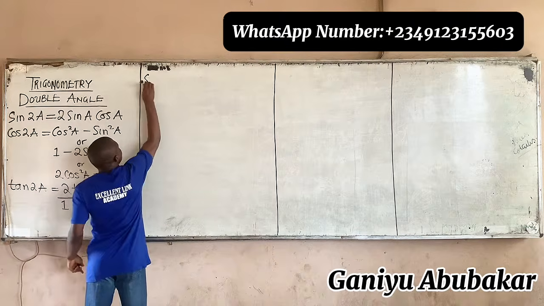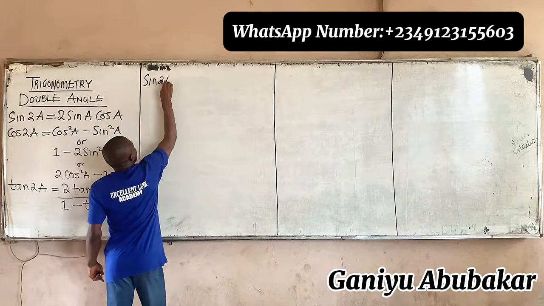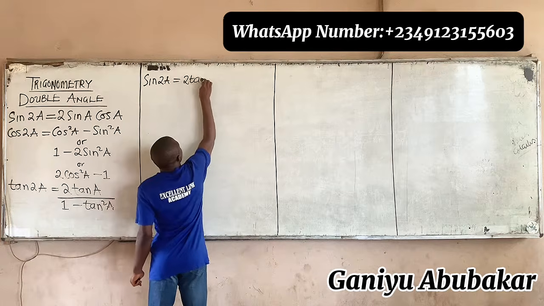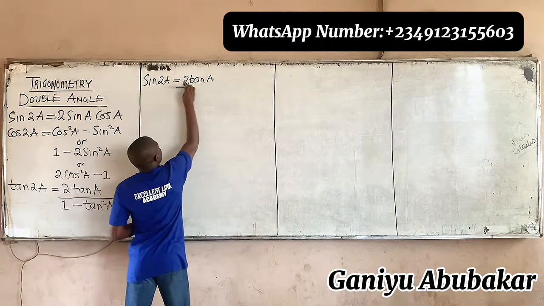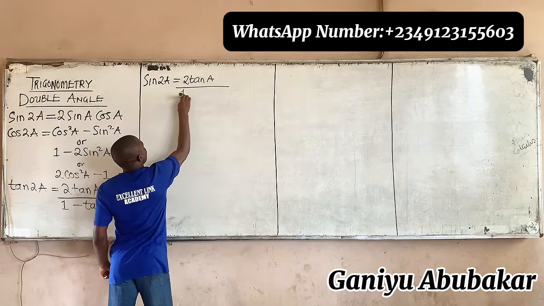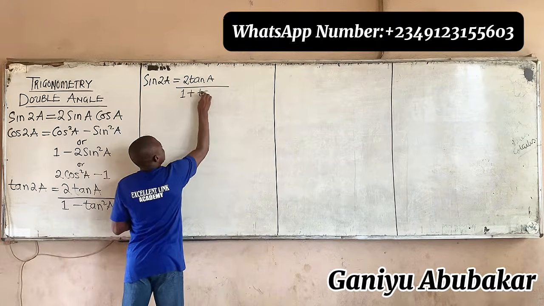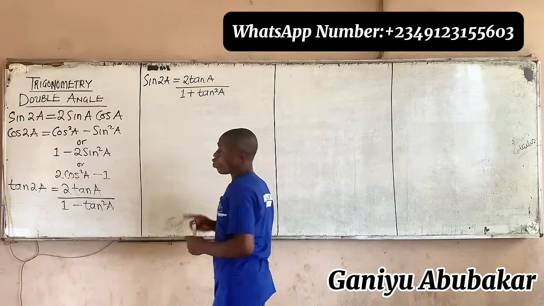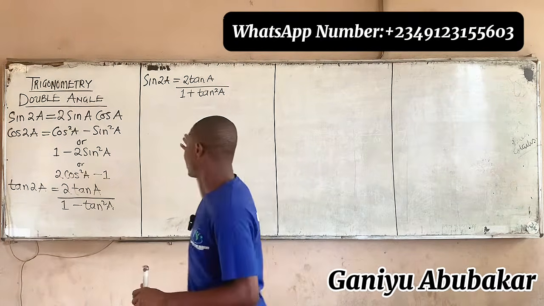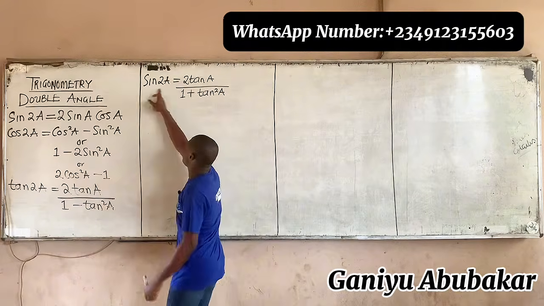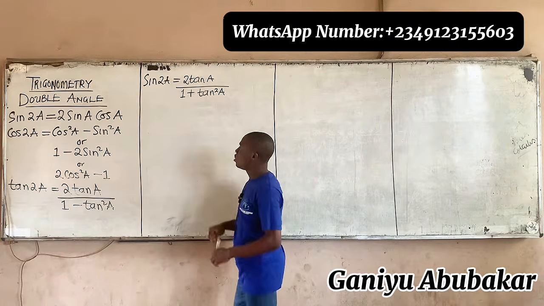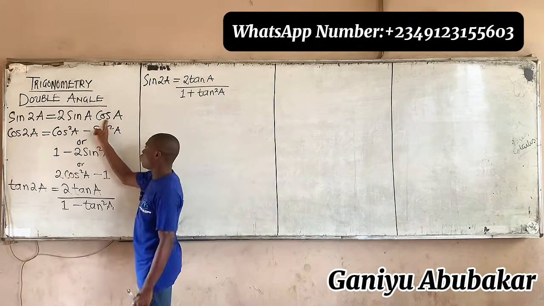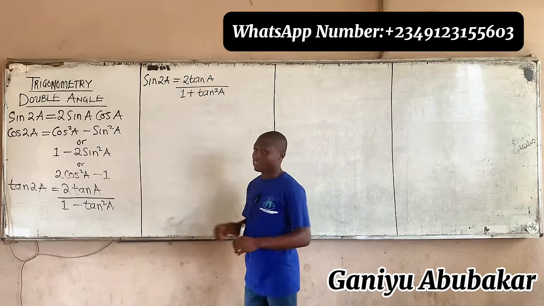If I have sine 2a, this is equal to 2 tan a all over 1 plus tan squared a. This is sine 2a in terms of tan, so note this expression. For sine 2a, there are two formulas: in terms of sine and cos, and in terms of tan.